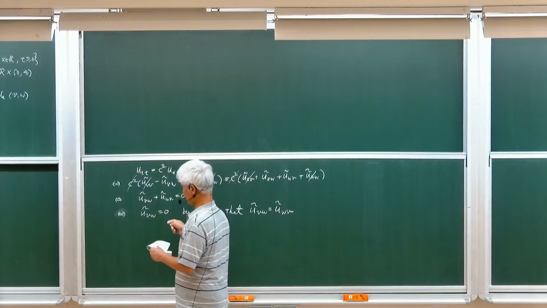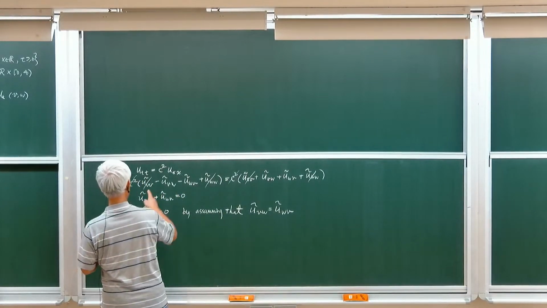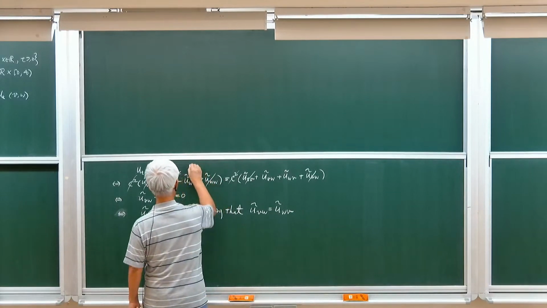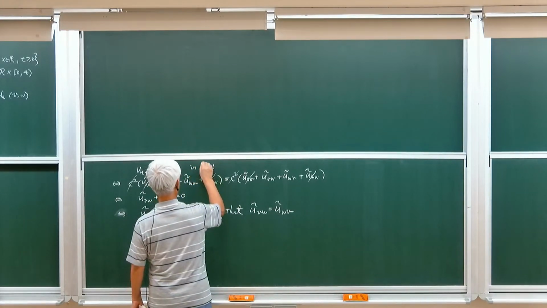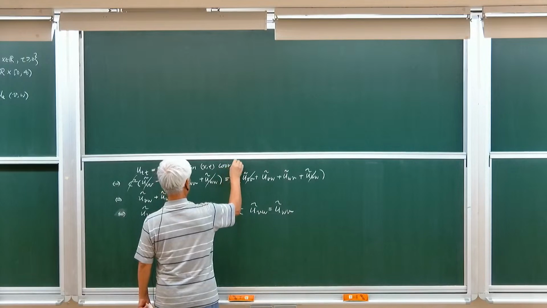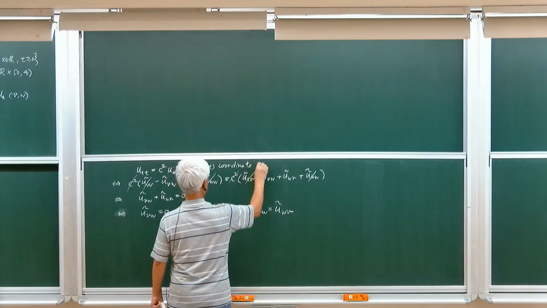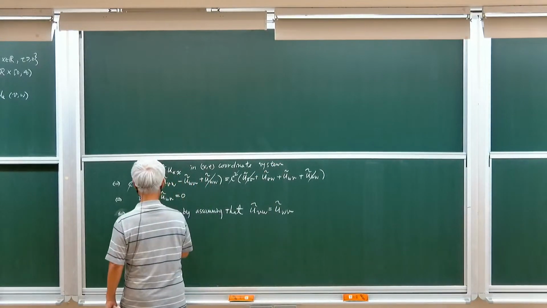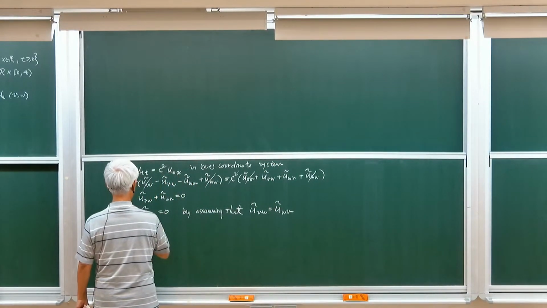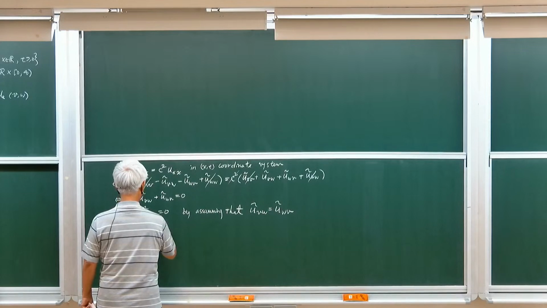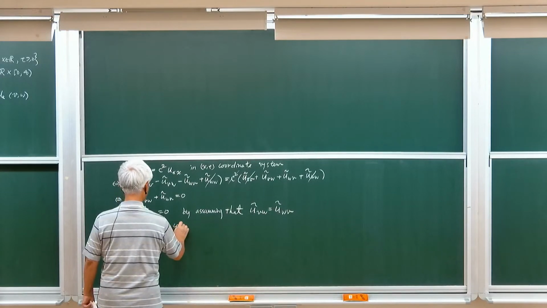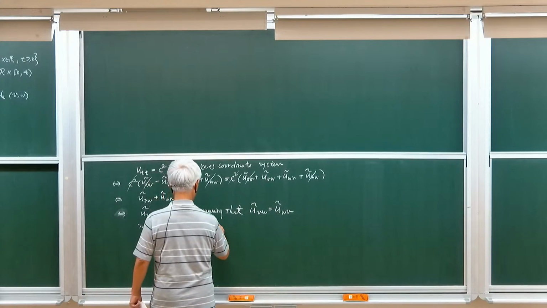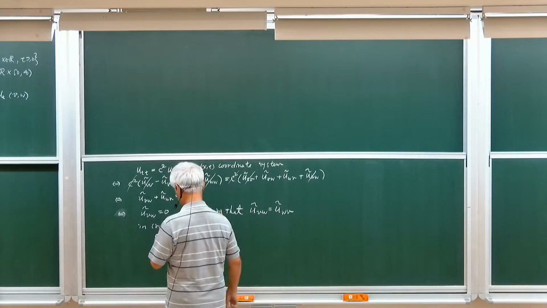But now we just write it then. So this is the wave equation in the xt coordinate system. And here is the wave equation, the PDE in the vw coordinate system. Okay.